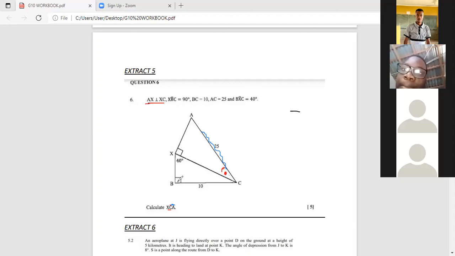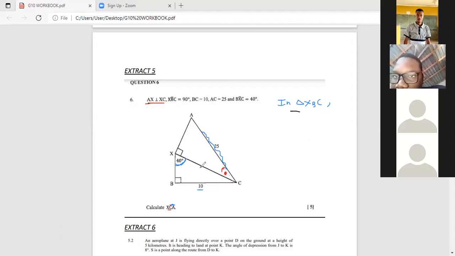And in triangle XBC, I'm going to focus on what I'm given, 40. And I have also 10, right? Meaning sine, I'm going to use sine because I have an opposite side.